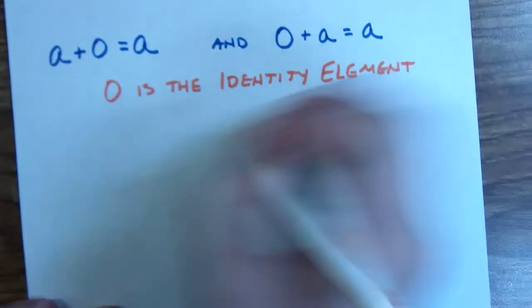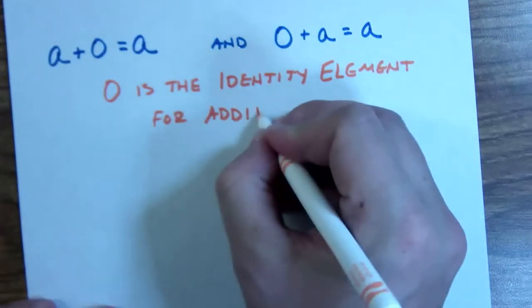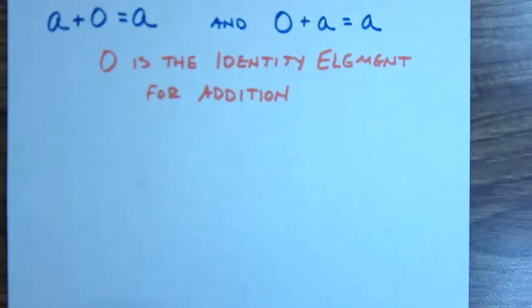Zero is the identity element for addition. Identity element is a fancy way of saying if I add 0 to something, it does not change.